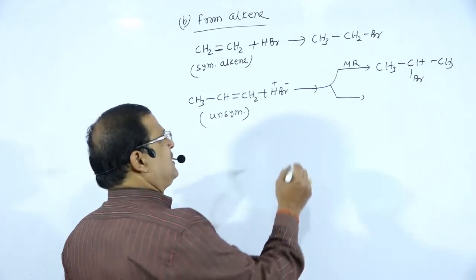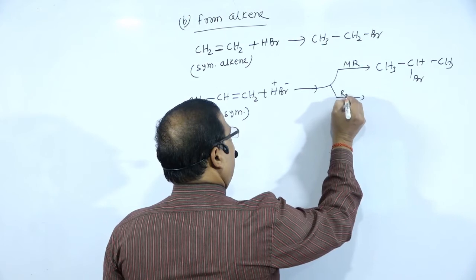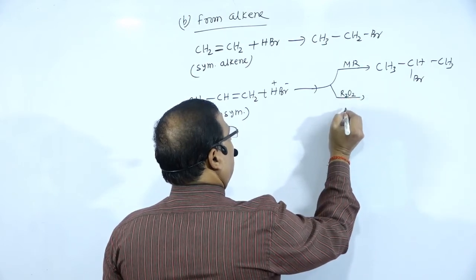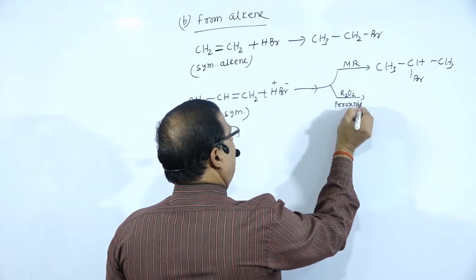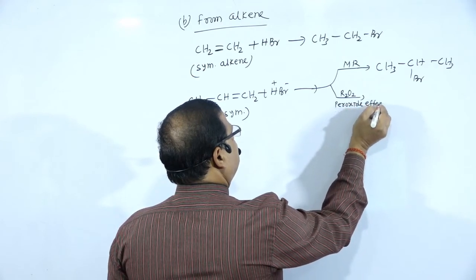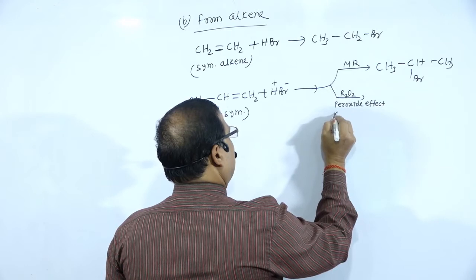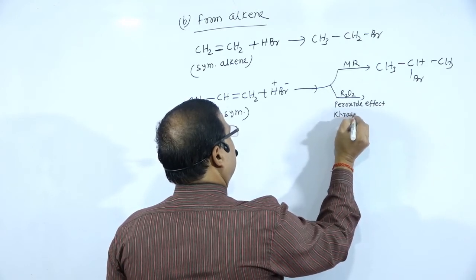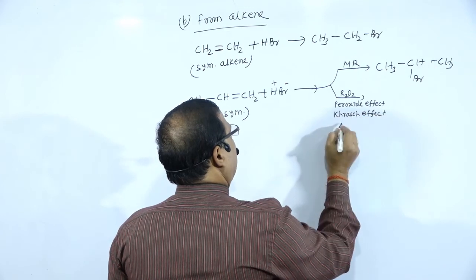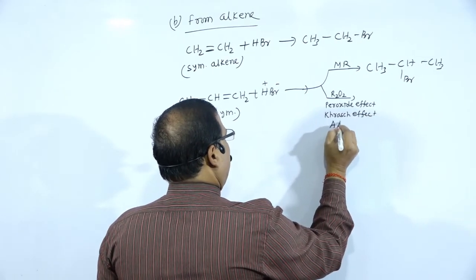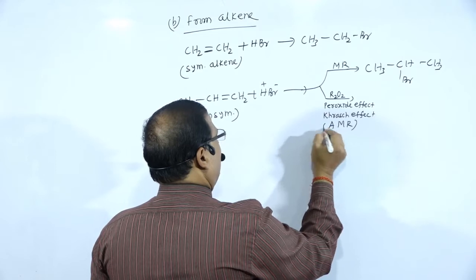But if the same reaction is carried out in the presence of organic peroxide, R2O2, that is known as the peroxide effect or Kharasch effect, and that is anti-Markovnikov's rule.